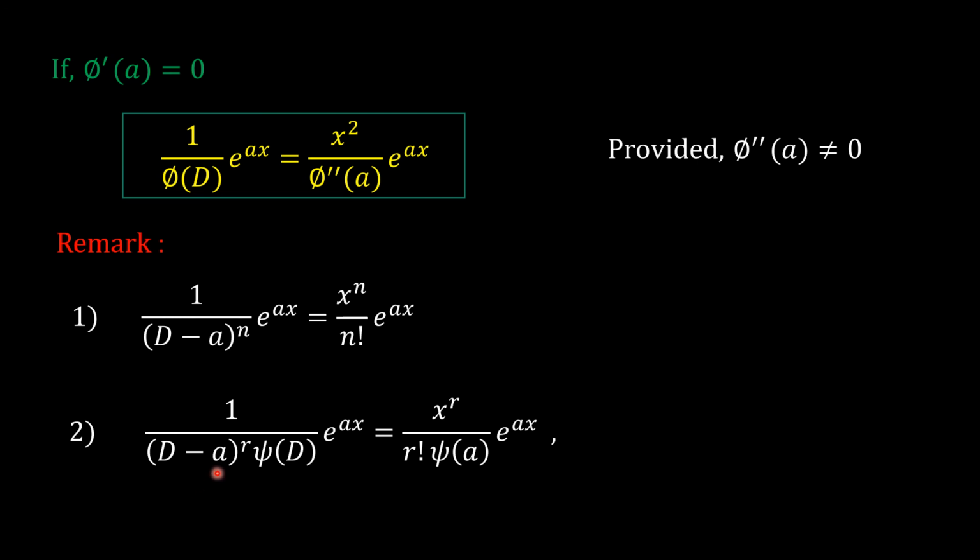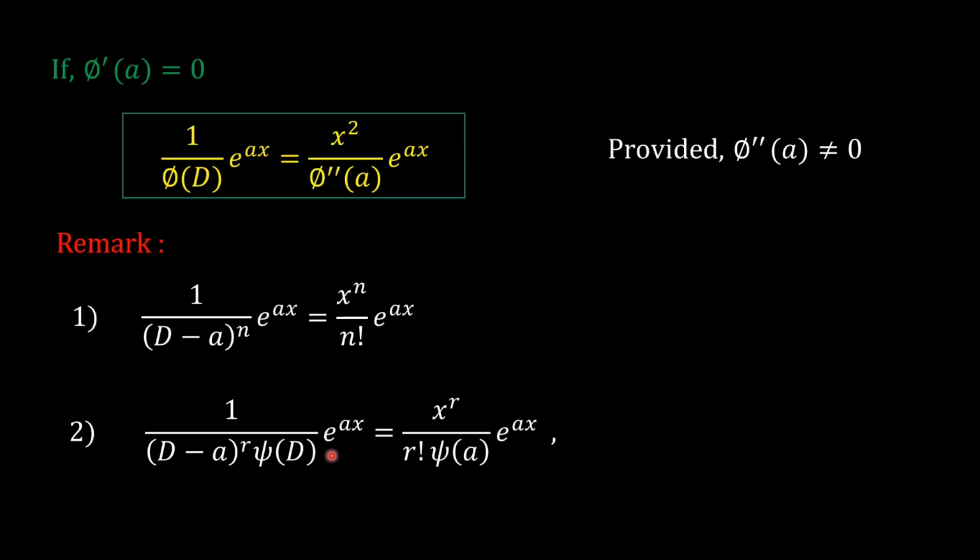This is very straightforward now if you observe this term. Second, 1 upon d minus a raised to r into psi of d of e raised to ax. If our phi of d is of this type, then what will be the particular integral? It is x raised to r divided by r factorial. This r is the power of the linear factor d minus a, and this a in the linear factor and the coefficient of x in the exponential function must be the same in both cases.